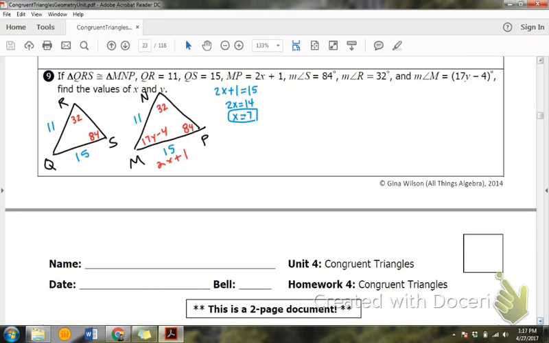Nope, but look in this triangle. Do I have something for each measure of each angle in the triangle? And then you put them all together to equal what? 180. There you go. All three angles in a triangle make 180, right? So 32 plus 84 plus 17y minus 4 should equal 180.